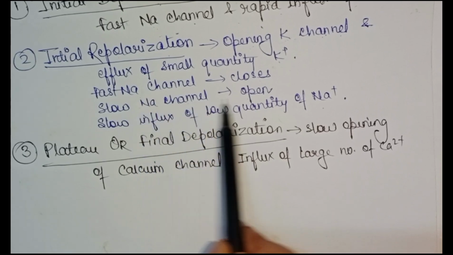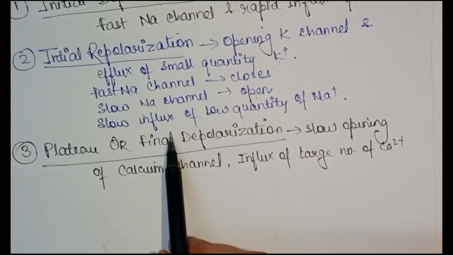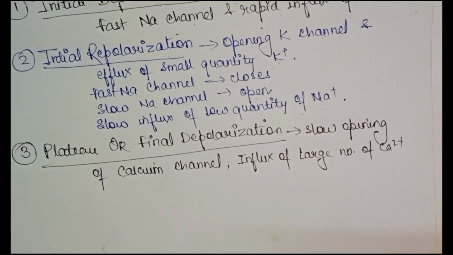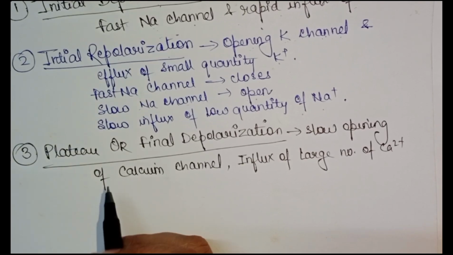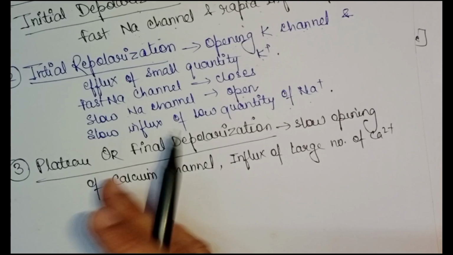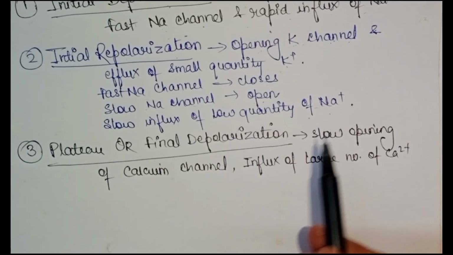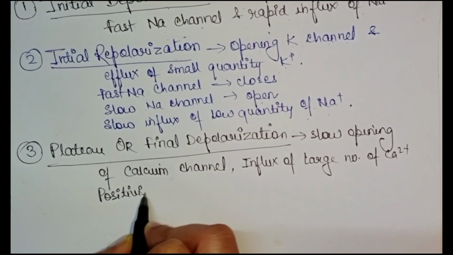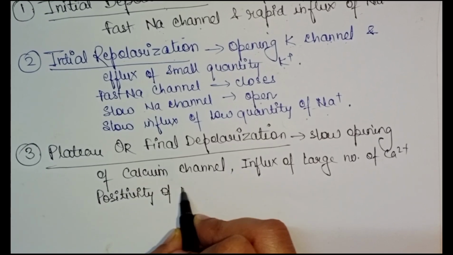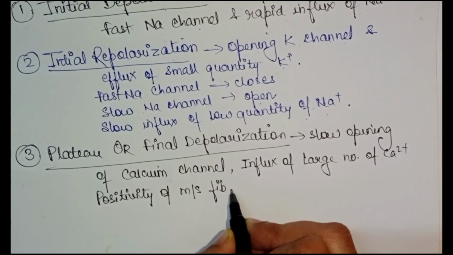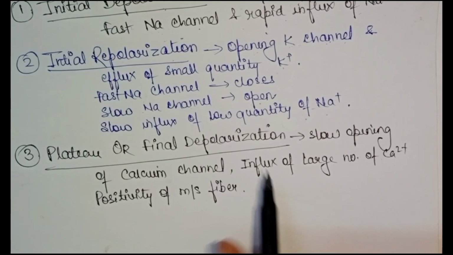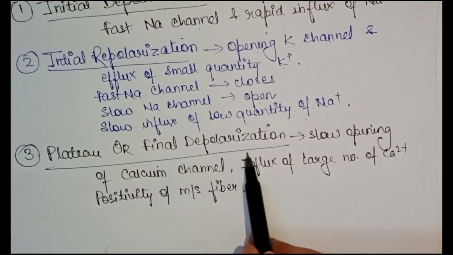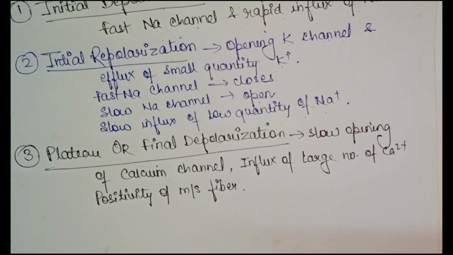Already the slow sodium channels are open, through which slow influx of sodium ion continues, and because of the entry of calcium and sodium ion into the muscle fiber, the positivity inside the muscle fiber is maintained, producing prolonged depolarization, forming the plateau in the graph.